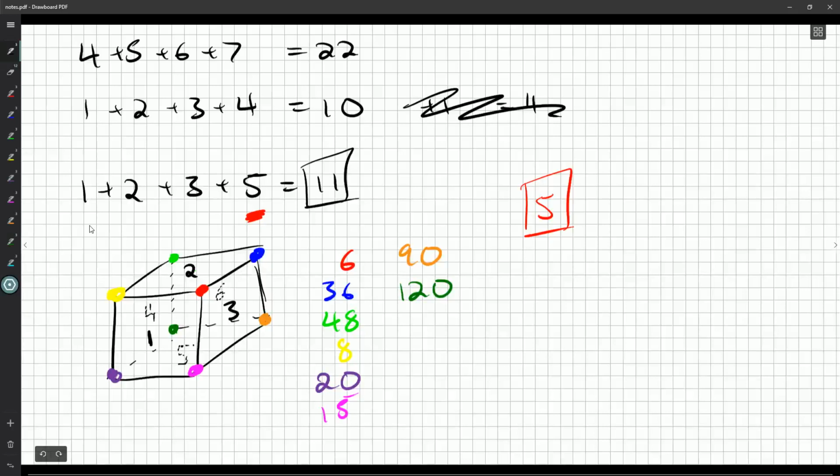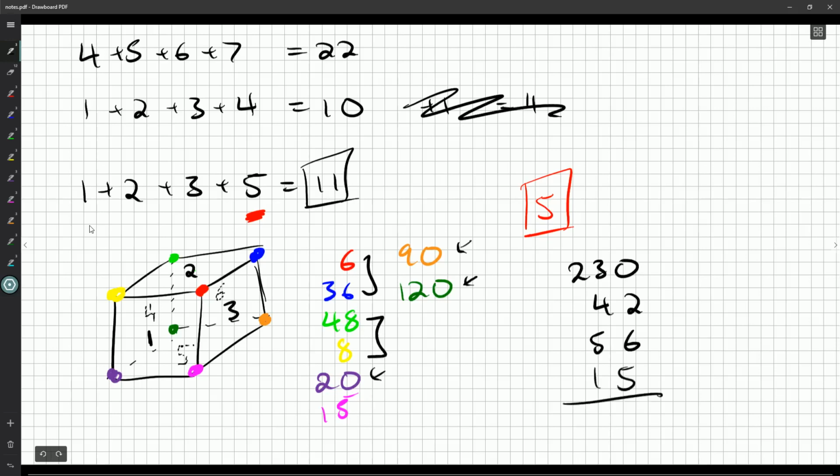Alright, so if I add them up, let's take the things that end in 0. So 120 is 140, plus another 90 is 230. The 2 things that end in 6 add up to 42. The 2 things that end in 8 will add up to 56. And then 15 is just left over.